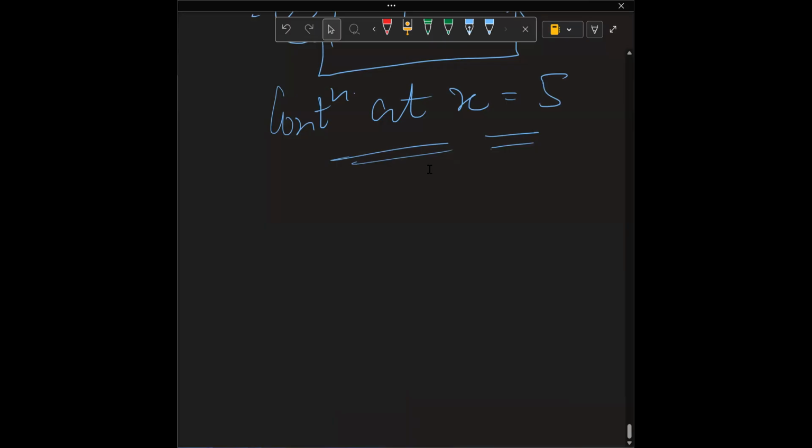Do this same question for x equals minus 3.